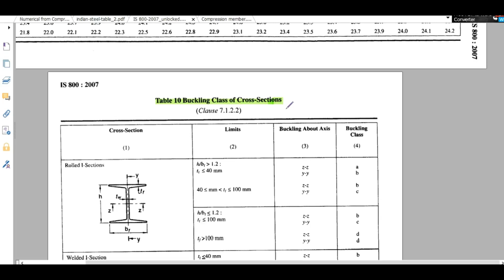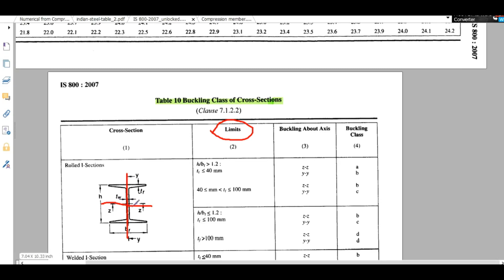There are different cross sections, and for every cross section the buckling class depends on these limits. Suppose your cross section is a rolled steel I section. It will have two axes, this y axis and this z axis.